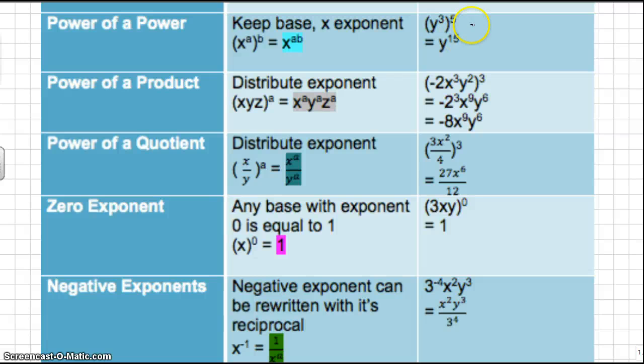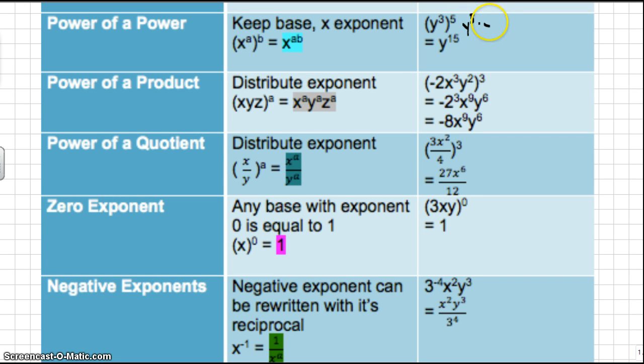And this comes from the fact that exponents are actually repeated multiplication. Y to the third, the entire quantity raised to the 5th, just tells me that I take y to the third times itself 5 times. Let me just write this out here so you can see it.